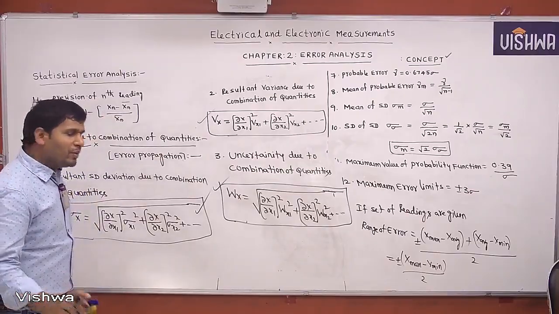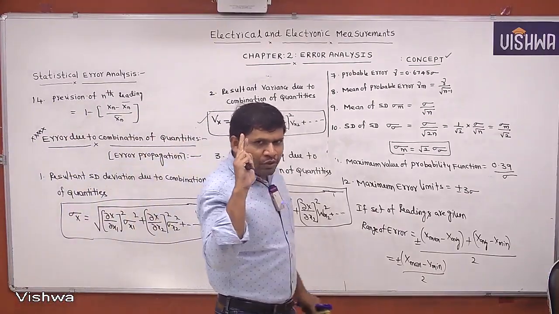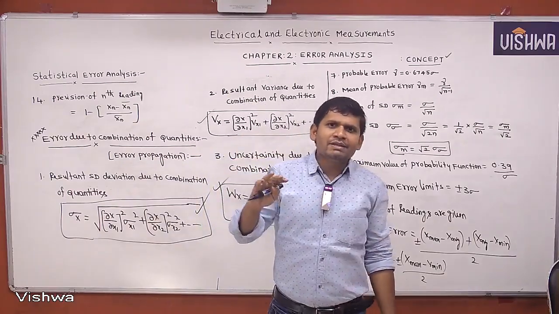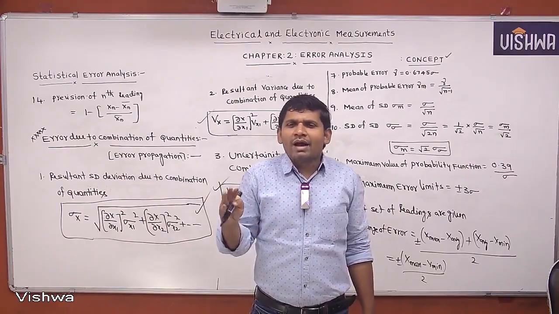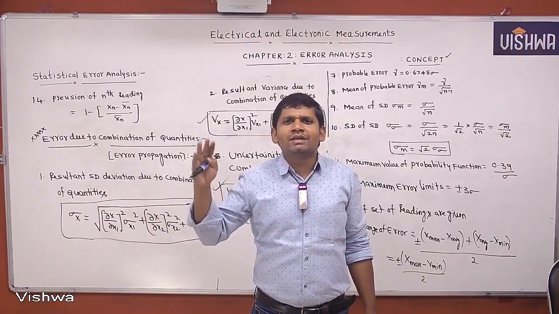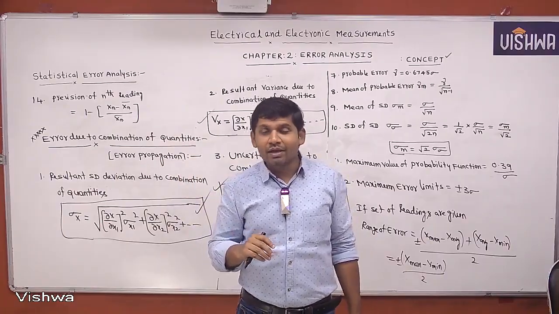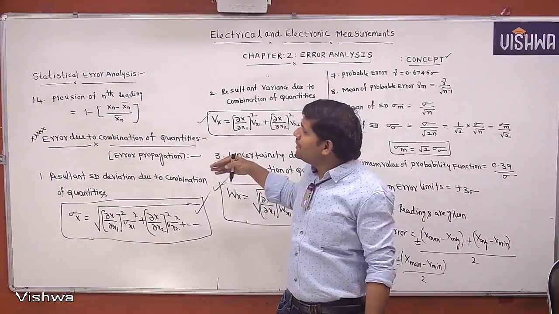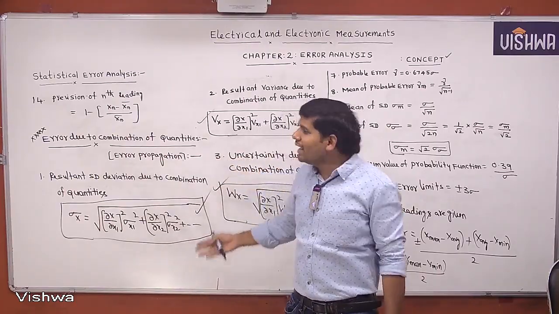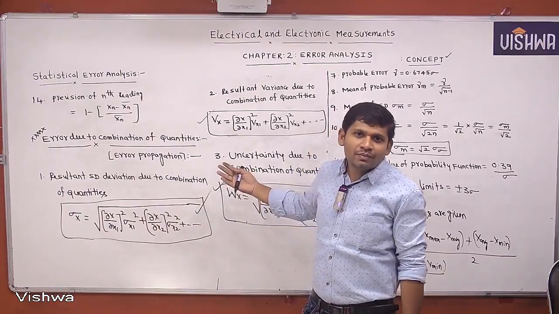But a point to remember: here we are doing two types of error analysis. One is normal error analysis, another is statistical error analysis. In normal error analysis, the errors we have studied are limiting error, absolute error and so on. But in statistical error analysis, the errors may be in terms of standard deviation, variance or probable error.